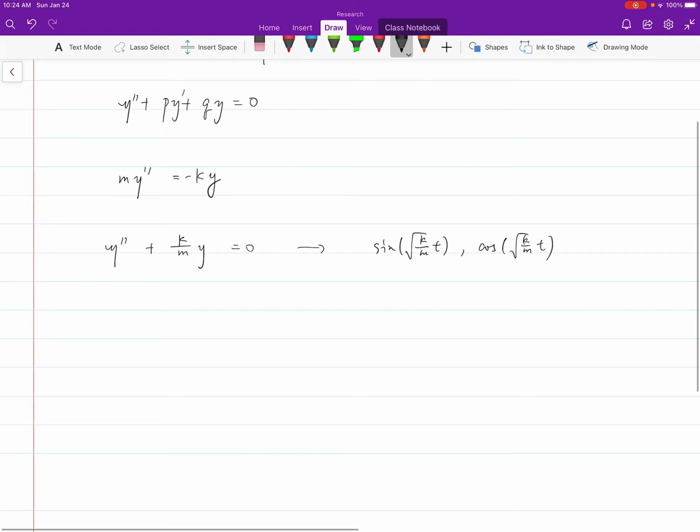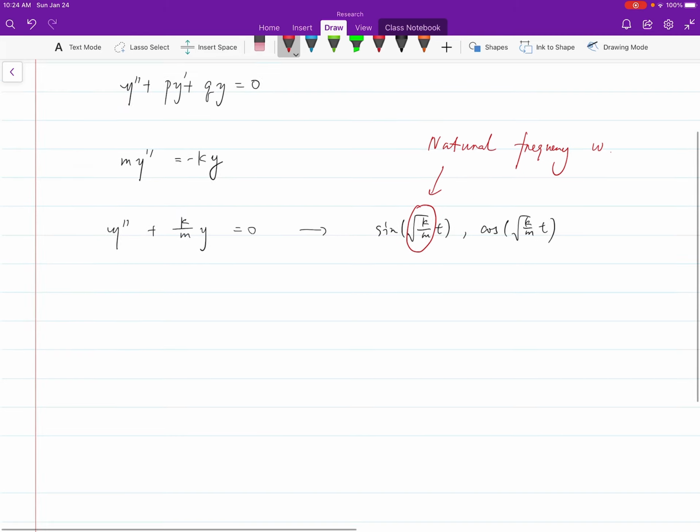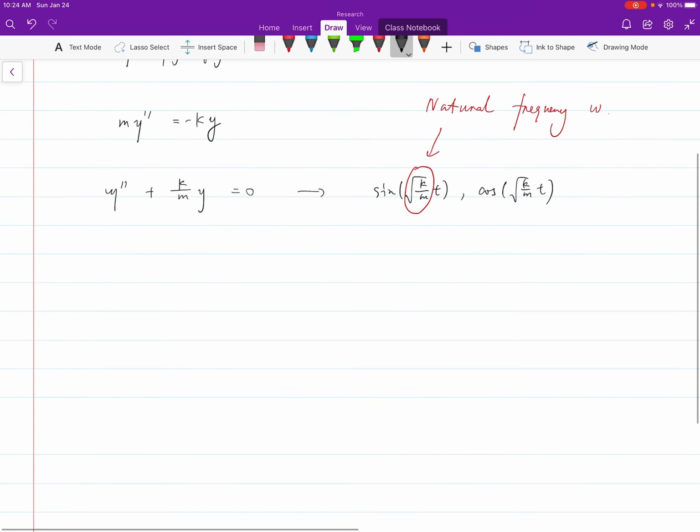So the first thing I want to point out is this number here is called the natural frequency of the spring. Let's call it omega. Then I can rewrite this one. There's nothing difficult. I just replace the k over m by another constant because this one has some physical meaning, and this makes the whole thing look a little bit nicer.